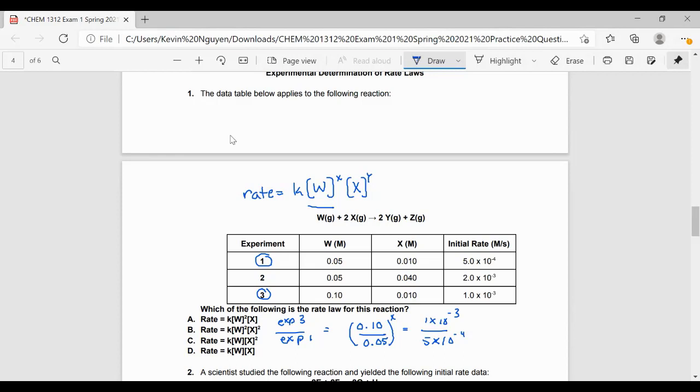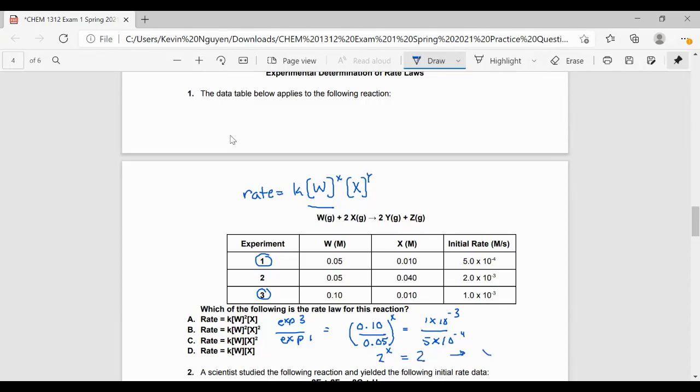From here we should get 2 to the x, which is equal to 2 to the 2.